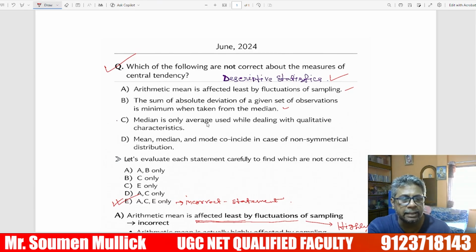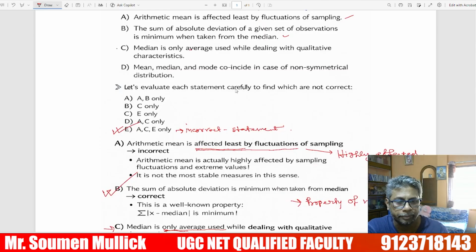Third: median is the only average used while dealing with qualitative characteristics. Fourth: mean, median and mode coincide in case of non-symmetrical distribution. So our question is which are not correct. Now, first of all, we analyse each statement individually.